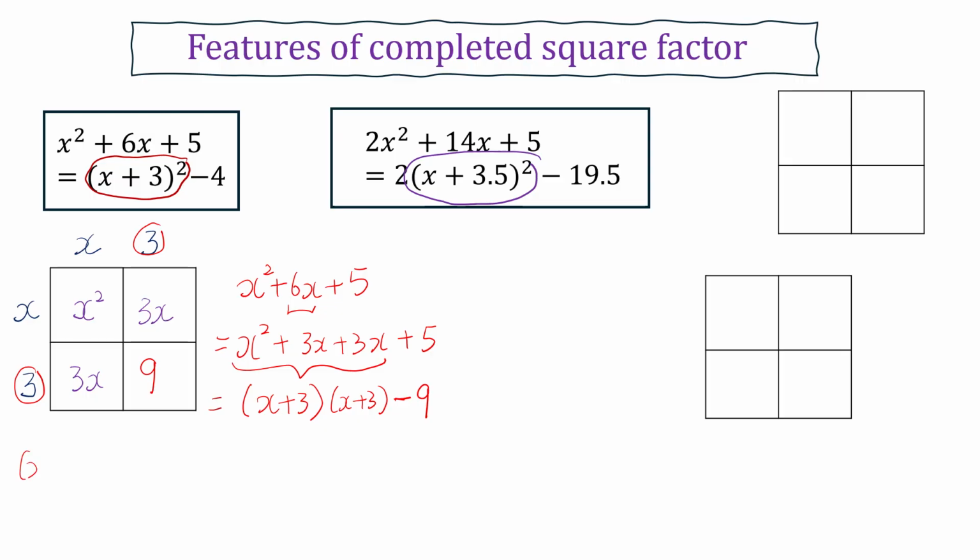Because when you take x plus 3 times x plus 3, as I've demonstrated up here, I would end up having x squared, 3x, 3x, and a 9.